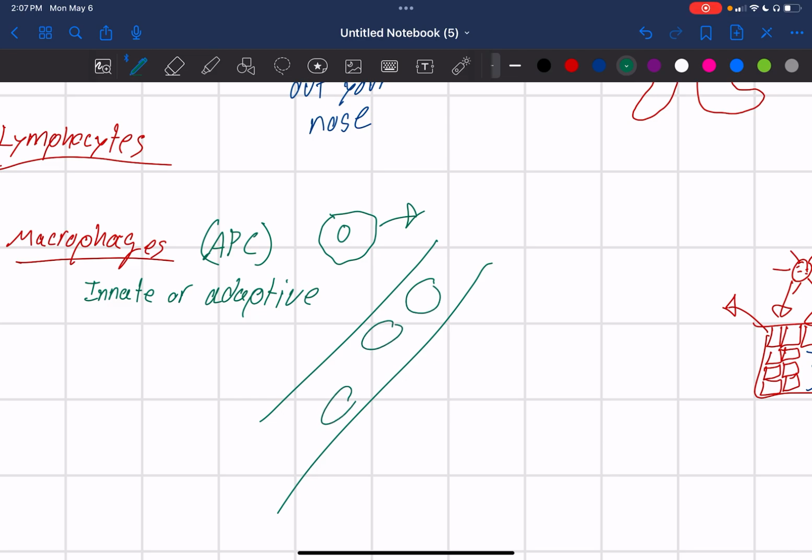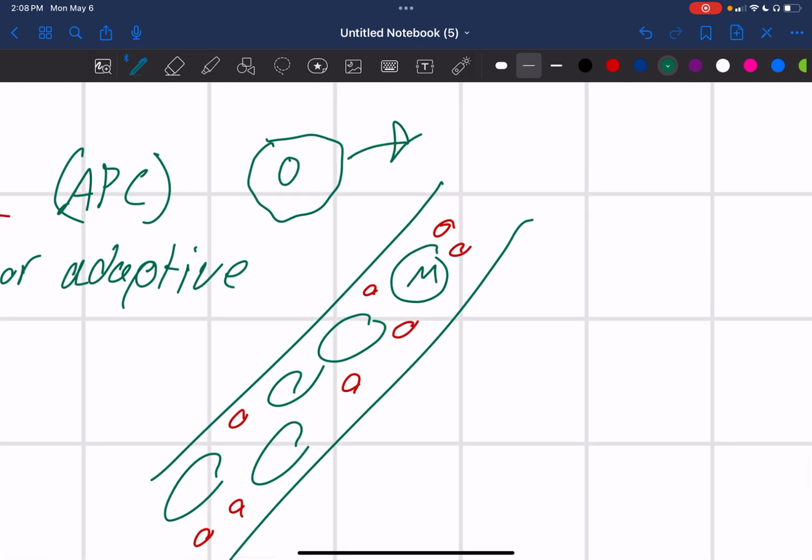So you want macrophage, macrophage, macrophage, and then a bunch of your red blood cells, sorry. Let me just put M. And then we can put a couple of pathogens.